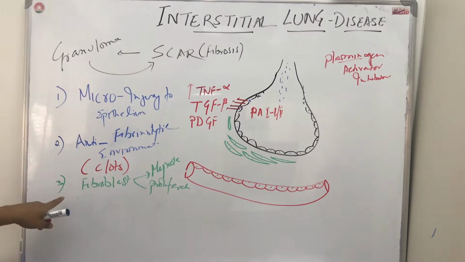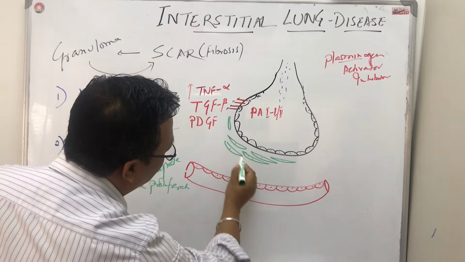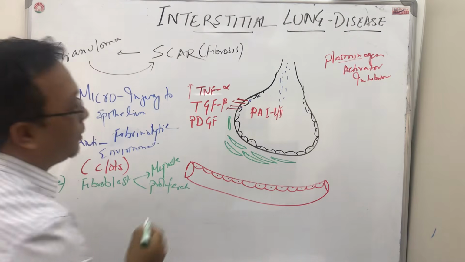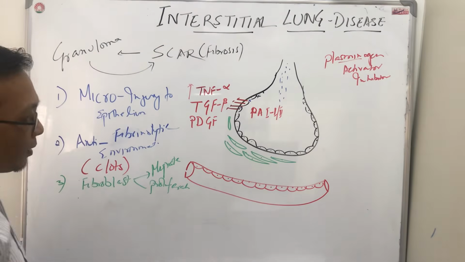This is the next thing that happens in the development of interstitial lung disease. These fibroblasts from the alveolar basement membrane are migrating and they are also proliferating.